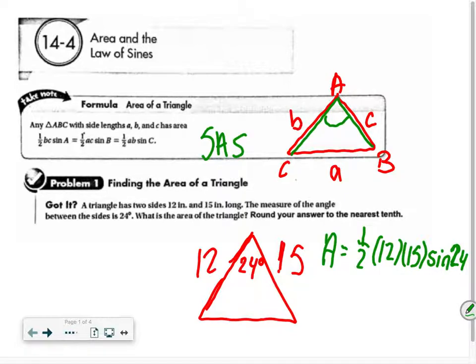All this can go straight into your calculator since it's multiplying. It says round to the nearest tenth. Put it in there and what do we get? 36.6. Area needs a label. My sides are inches, so inches squared. Area is always squared.